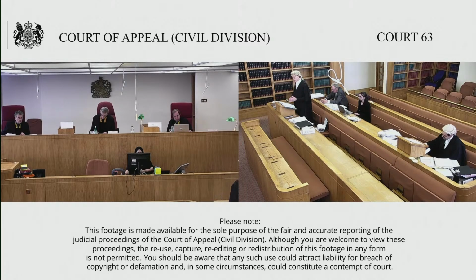My learned friend raised the issue of roads, and I want to go back to a question in that regard that Lord Justice Stuart-Smith raised with me earlier, which was: are you saying that if it was once immediately up to a road, then that's not immediately adjoining?